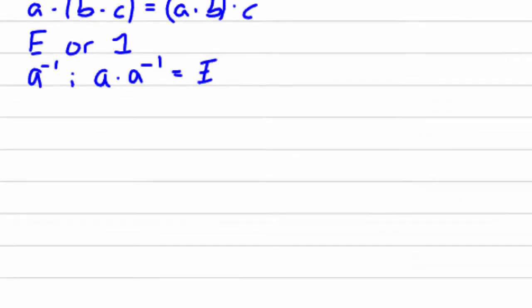Now let's look at some examples here. Let's say we have a square. And let's see what our elements, the elements of our group, can actually do with this square. I already indicated to you that these elements are actually symmetry operations.